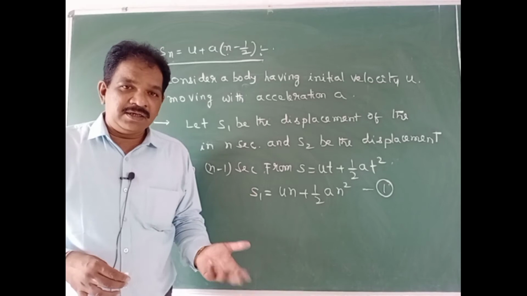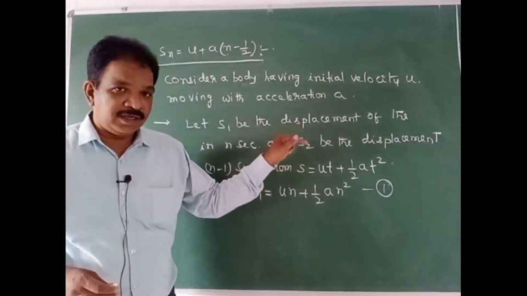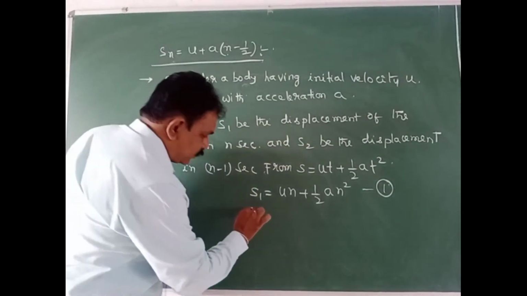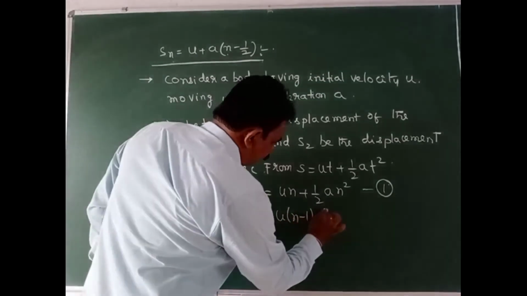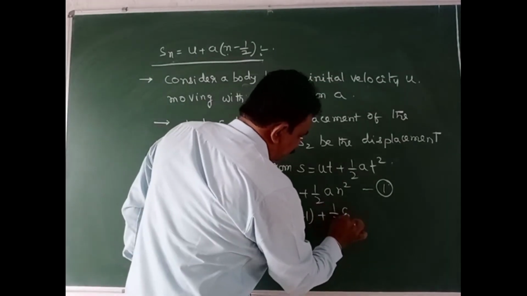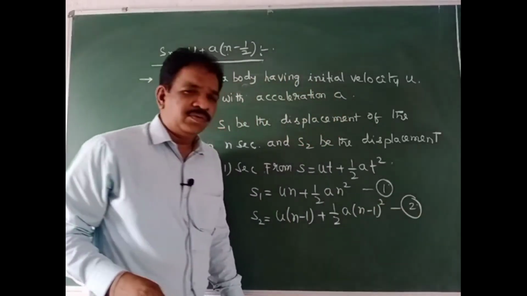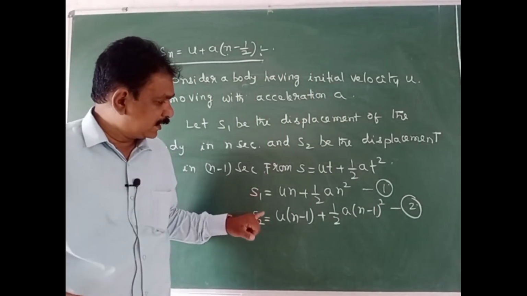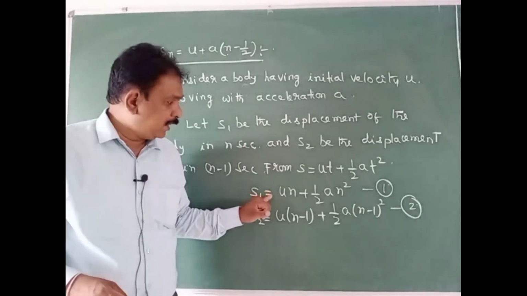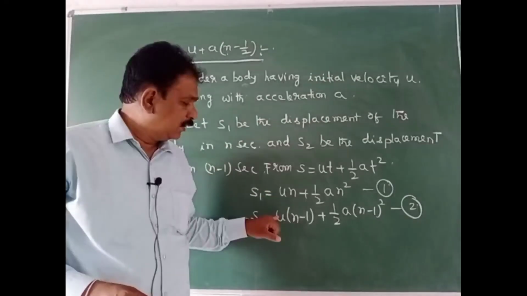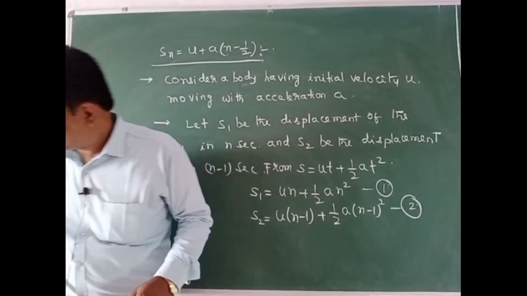In n-1 seconds, the displacement is S2. Therefore, S2 = u into (n-1) + half a into (n-1) whole square. This is S1, this is S2. If the points are clear, displacement in n seconds, displacement in n-1 seconds.